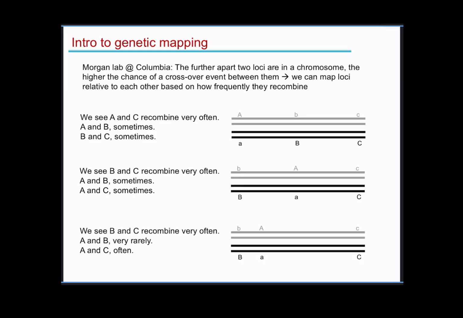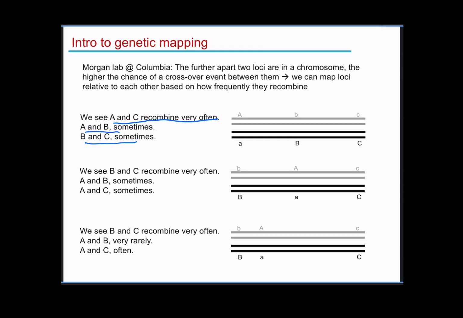Sometimes you can derive maps from the recombination frequencies, but one thing that you need to remember is that those maps will be symmetrical. So in the first case scenario here, we see A and C recombine very often. That means they're very far apart, right? And then we see A and B sometimes, B and C sometimes. Okay?